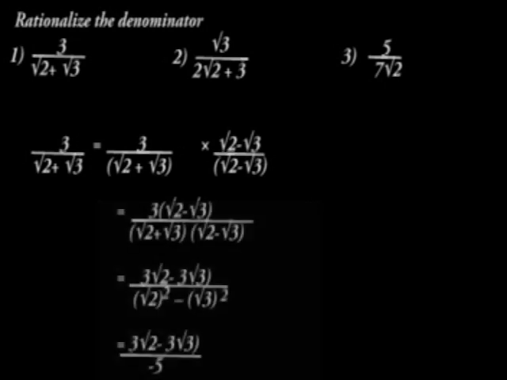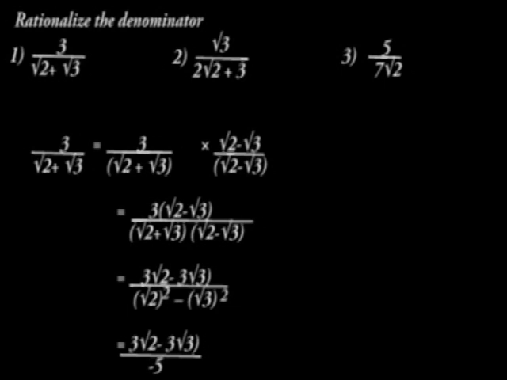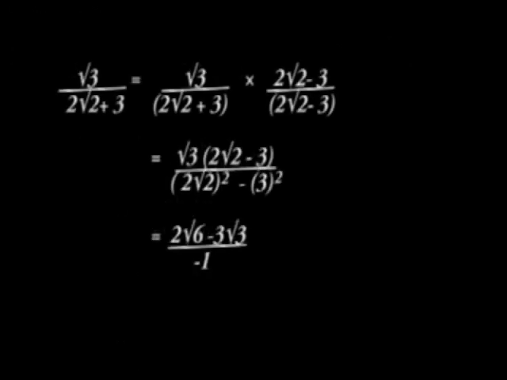If we multiply, we will have rationalized the denominator, and we end up with the answer as 3 root 2 minus 3 root 3 over minus 5. The same principle is followed for the next two examples.